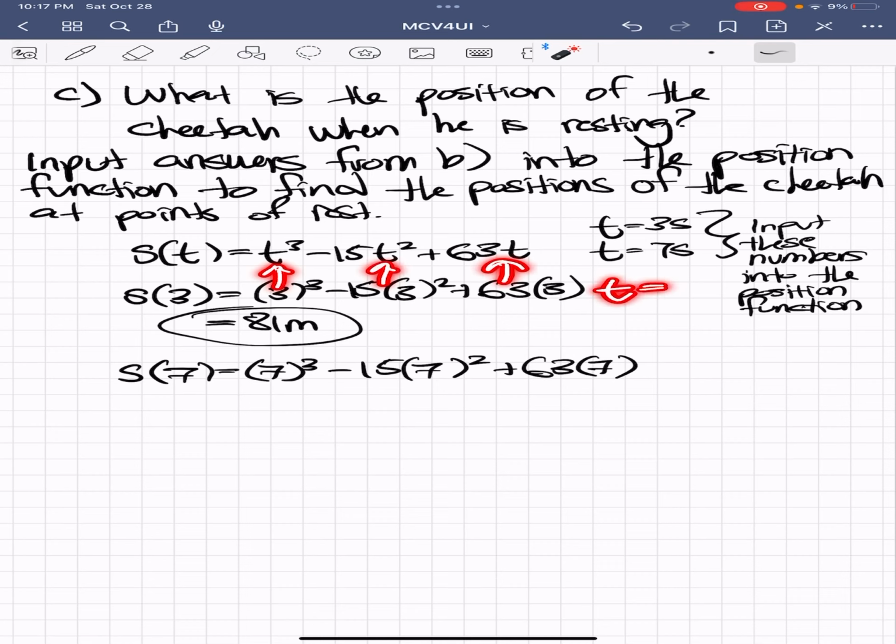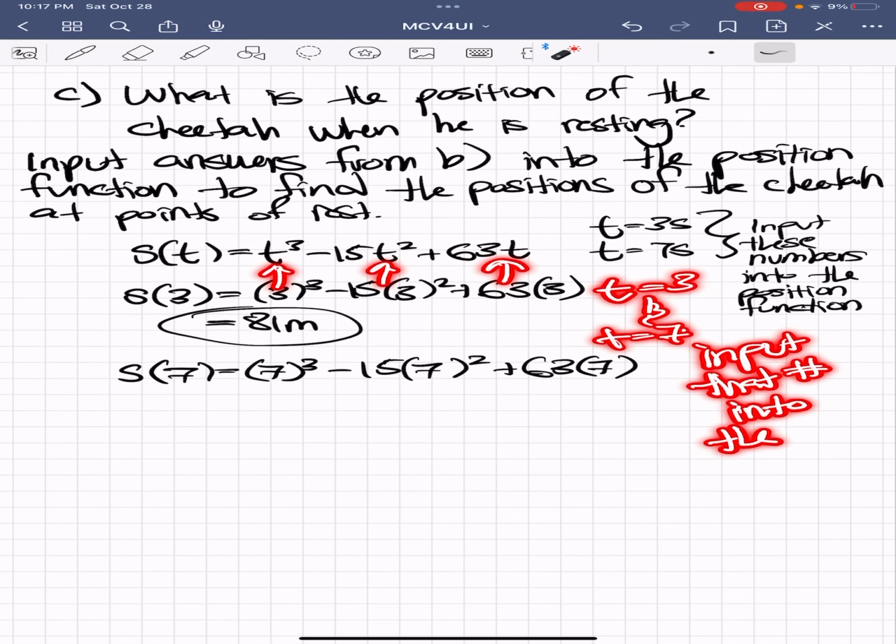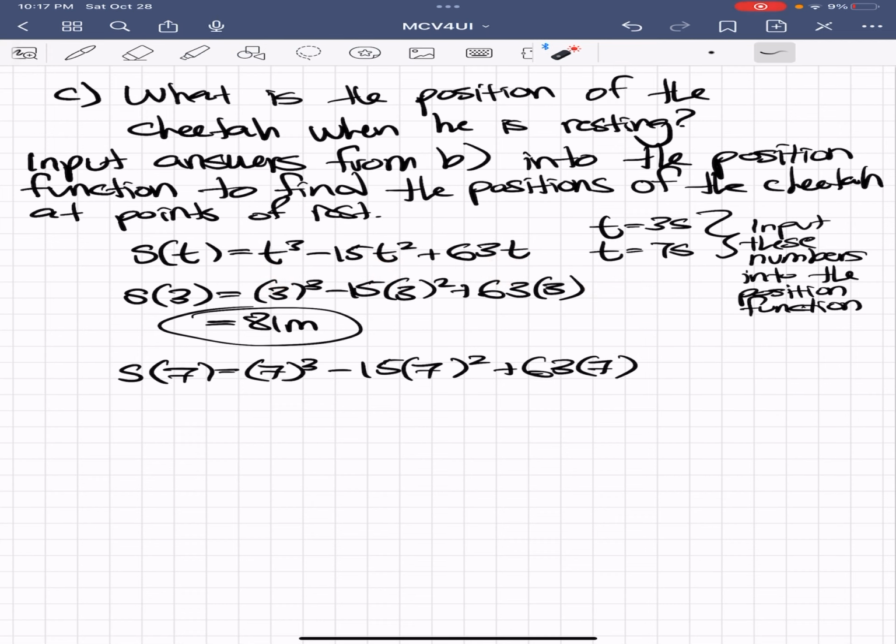So t equals 3 and t equals 7. And we input those numbers into the variable. And then when we input 3 and 7, those times, we get an output of distance. So we jam these numbers into our calculator here.